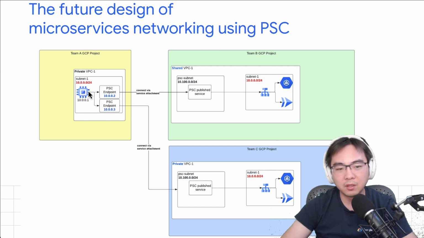Now all of the issues you wanted to solve for the consumer service are handled: you still have the same subnet. You've not changed anything. You've not migrated anything. You didn't need any peering, right? But you can connect to any other services hosted by different teams just by having these private IPs in your own subnet.